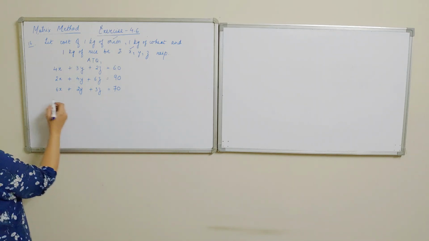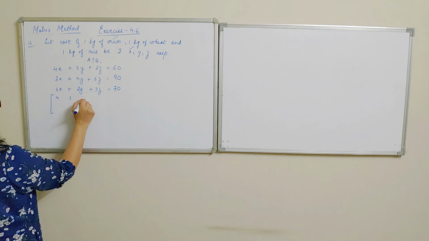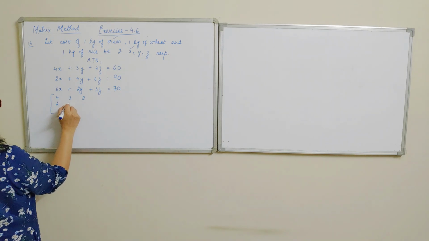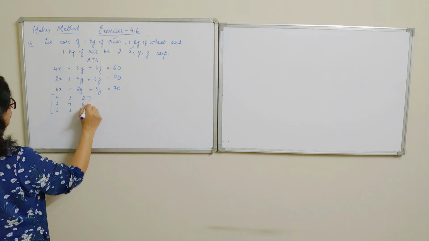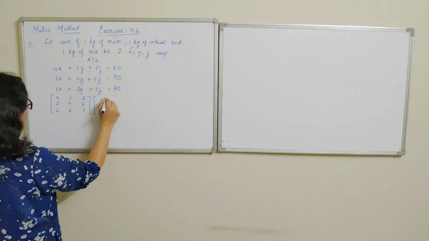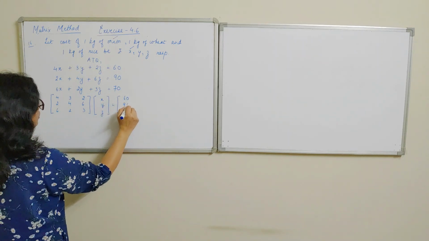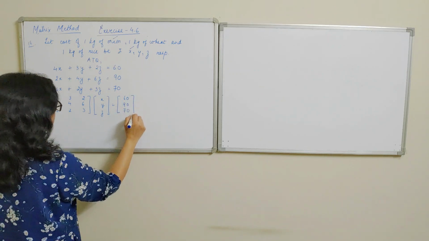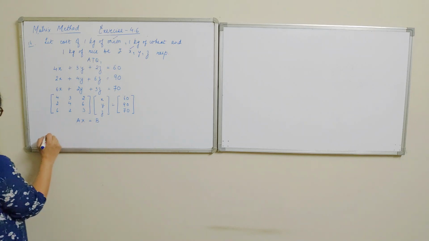Okay, using matrix method. So let us write down the matrix equation. 4, 3, 2, 2, 4, 6, 6, 2, 3 multiplied by matrix X equal to matrix B. So this is AX equal to B.